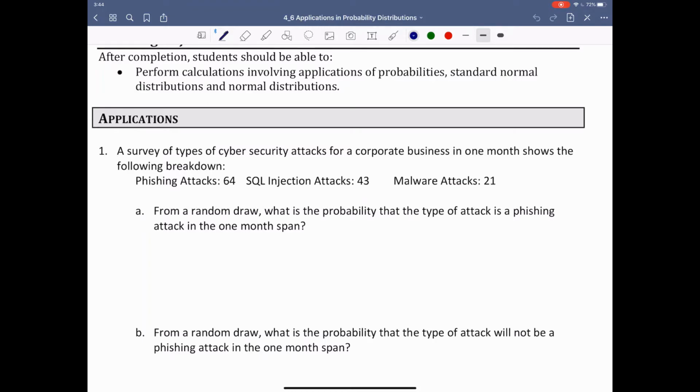So we want to know, what is the probability of X equaling phishing? We have 64 phishing attacks out of a total of 64, 43, 21, 128 attacks in total that are examined. And there is 0.5 probability, which is 50%, of it being a phishing attack.